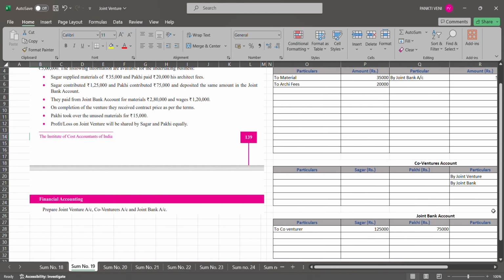Then next one we have: they paid from the joint bank account for material 2,80,000 and wages 1,20,000. So they are paying from the joint bank account for material and wages.